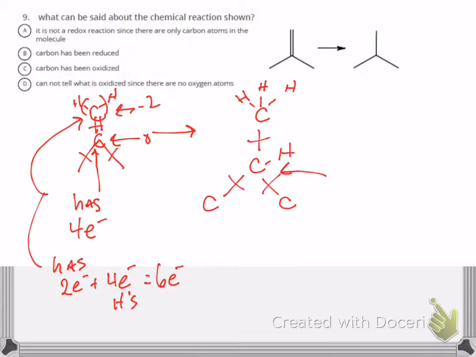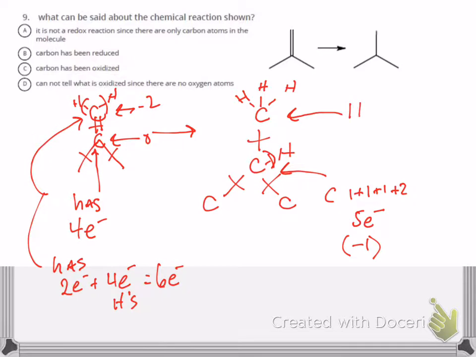So let's take a look at the product. Here we do the same thing. We divide the bonding electrons. So the carbon with the arrow pointing at it is going to have 1 electron from each of those bonds of 3, and it's going to have both of the electrons from the carbon-hydrogen bond. When we count that, that's going to be a total of 5 electrons, which will be -1.